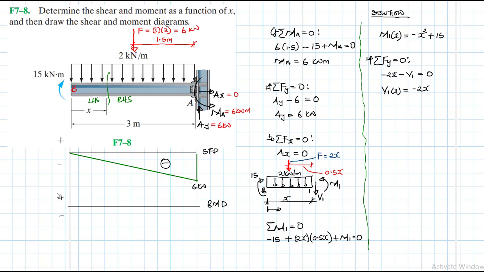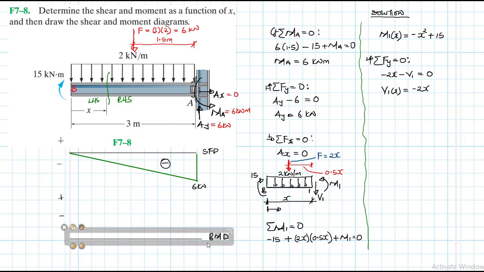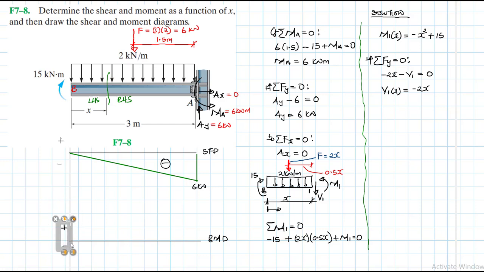So let me move this a little bit down, like that. Okay. So at B, when x is equal to 0, we expect a value like so. This one is of magnitude what? 15 kilonewton meters.